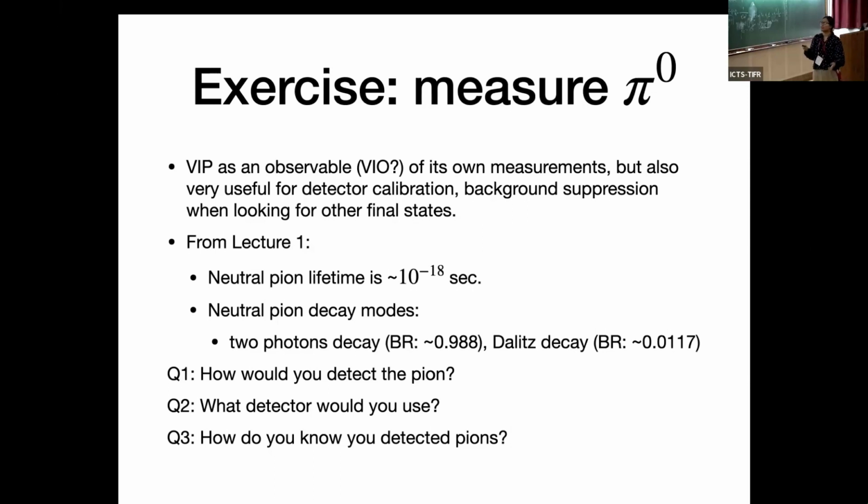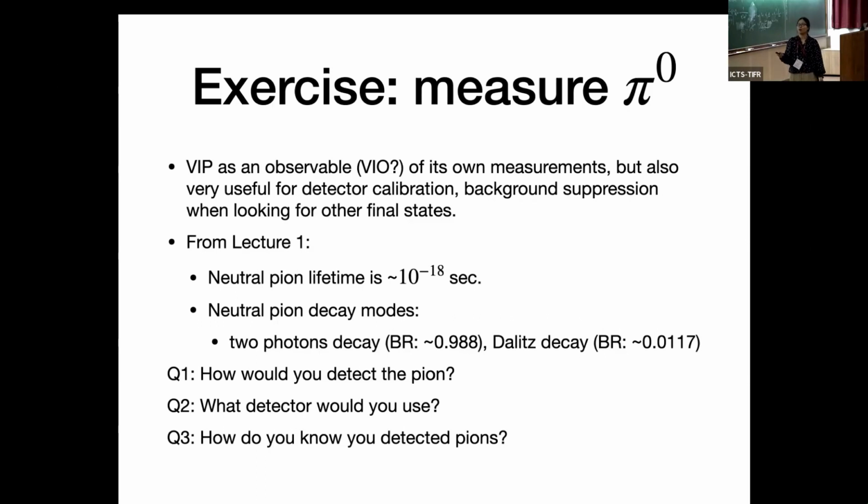It's also good for detector calibration, because of the reason we just talked about: the mass of the pion is well known, and the decay mode is almost primarily to two photons.